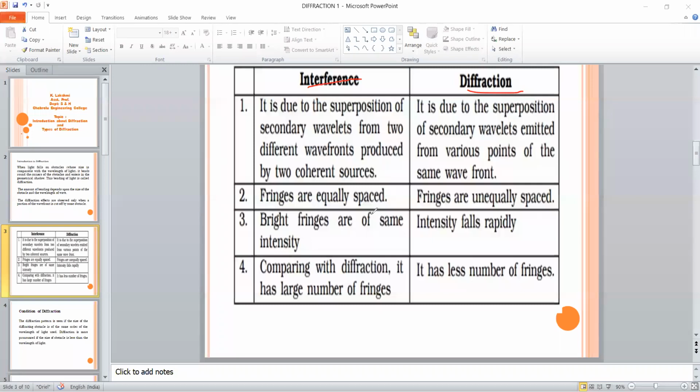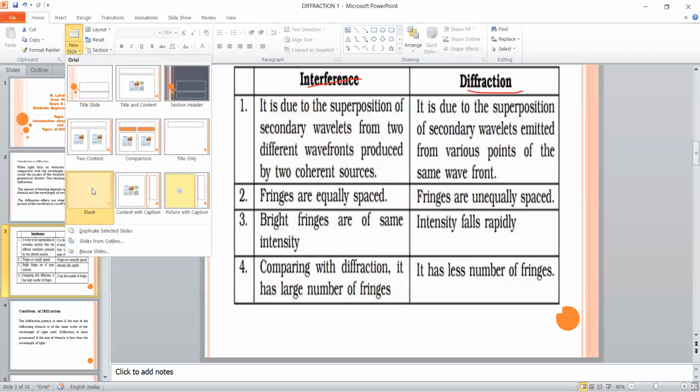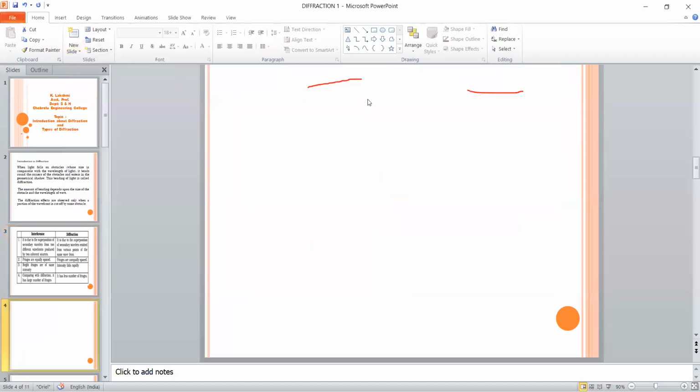Okay, that means, for example, this is the bulb.